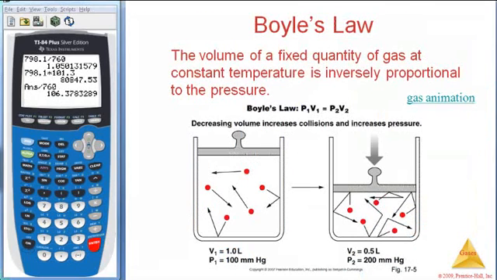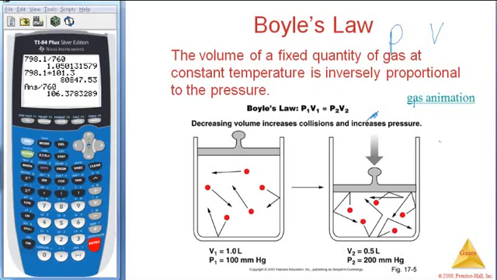All right, so let's talk about the gas laws. We had several gas laws we learned about in Honors Chem. Boyle's law says the volume of a fixed quantity of gas at constant temperature is inversely proportional to the pressure. So there is the relationship between pressure and volume.